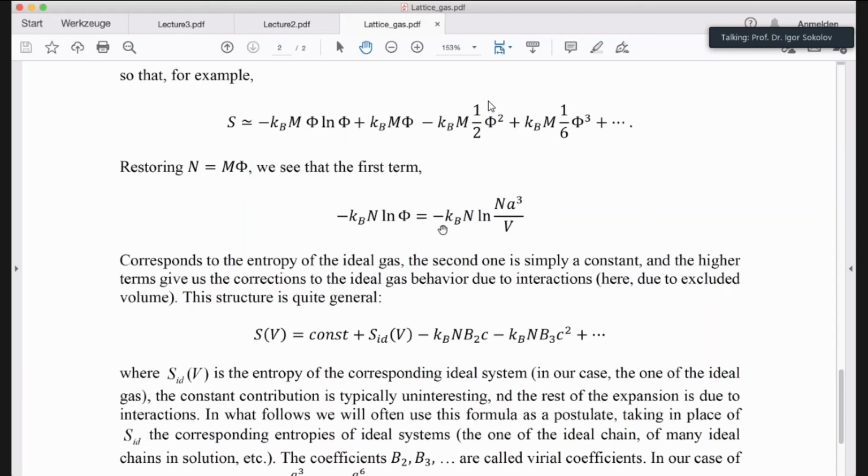And this is constant plus entropy of the ideal system. This will give you the equation for the ideal gas. And the rest are the corrections. They have one power less than the power of phi here, because one M phi translates into N, which is constant.